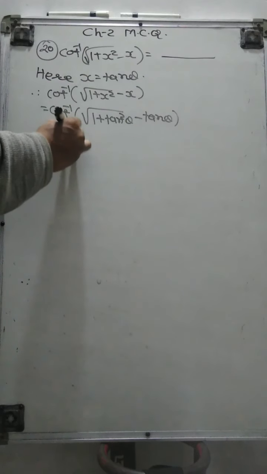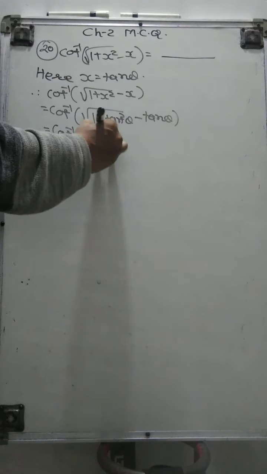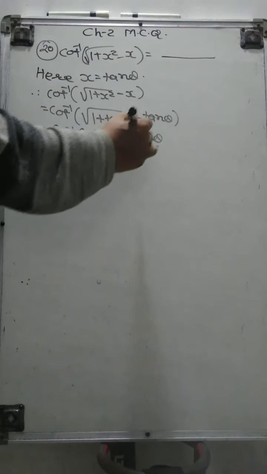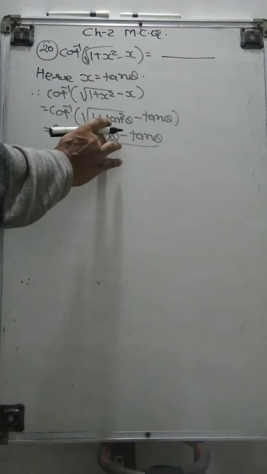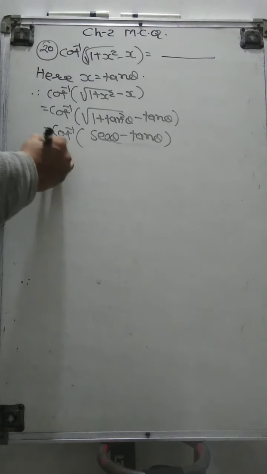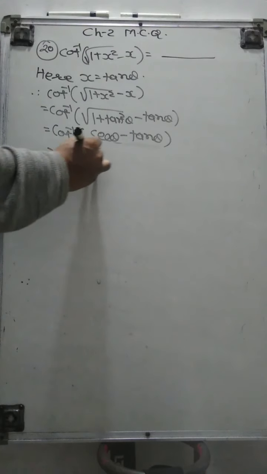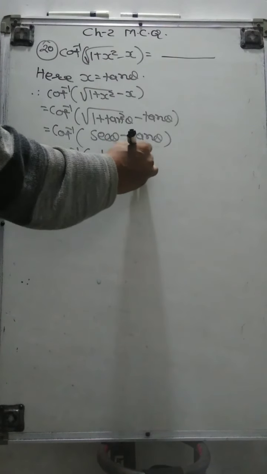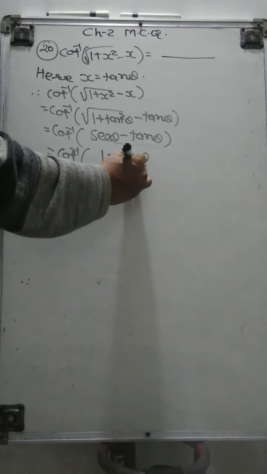It is cot inverse of sec theta minus tan theta, not upon, but only this. Now we convert into sin cos. So 1 upon cos, 1 minus sin theta upon cos theta.